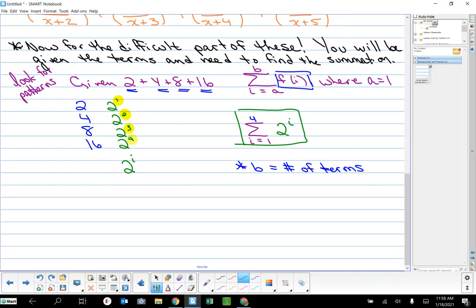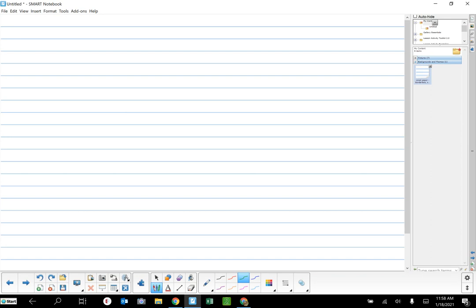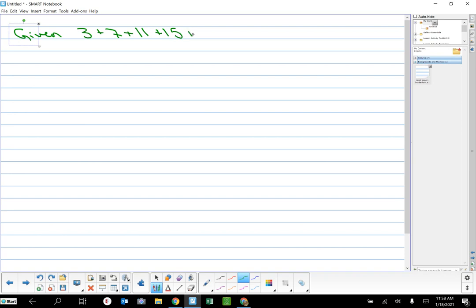All right. The next one is a little bit more difficult, and then there's a couple of strange ones. So let's see what we got. Okay, given 3 plus 7 plus 11 plus 15 plus 19, write the summation notation where A equals 1.